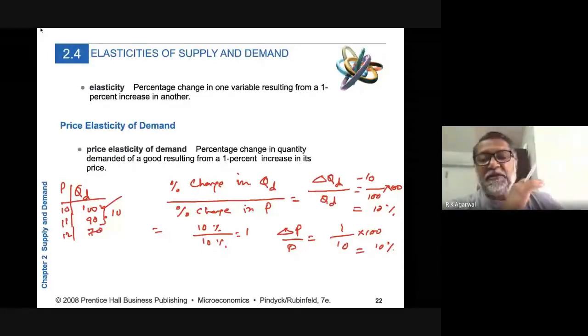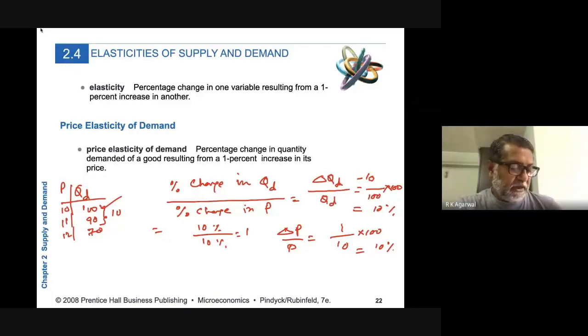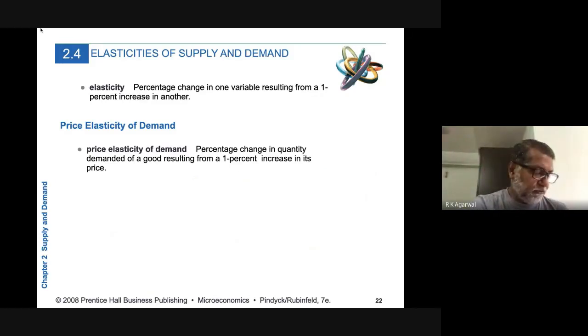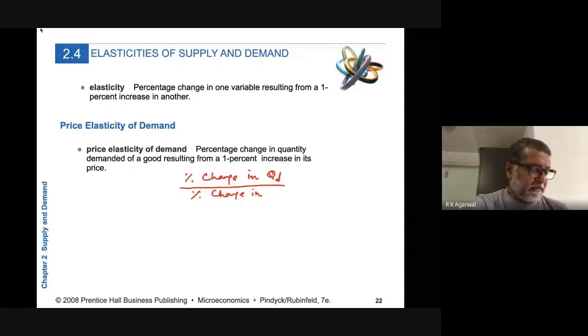So that is what we do. So let us simplify this formula a little bit and see in what form we use it. We write percentage change in quantity demanded divided by percentage change in price.